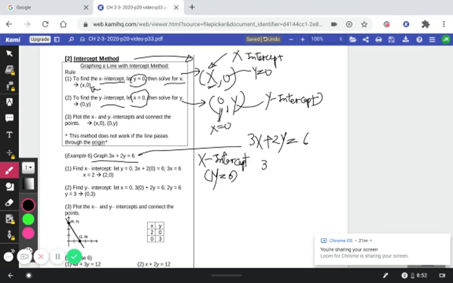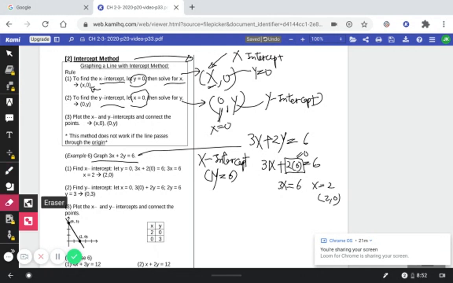So that becomes 3x plus 2 times 0 equals 6. If you solve it, 2 times 0 is always 0, so 3x equals 6. x becomes 2. So that means the x-intercept is (2, 0), because you are substituting y as 0.